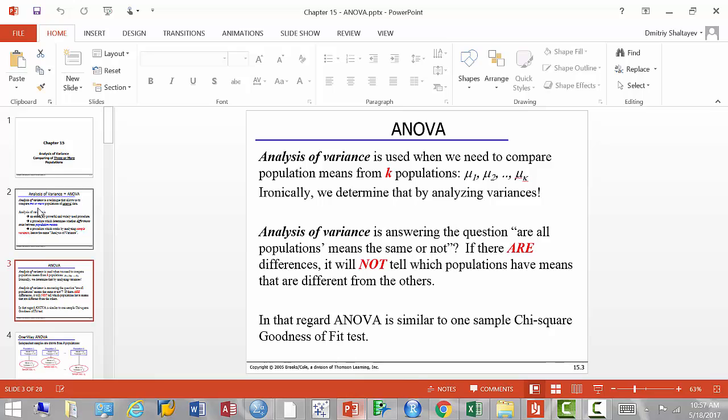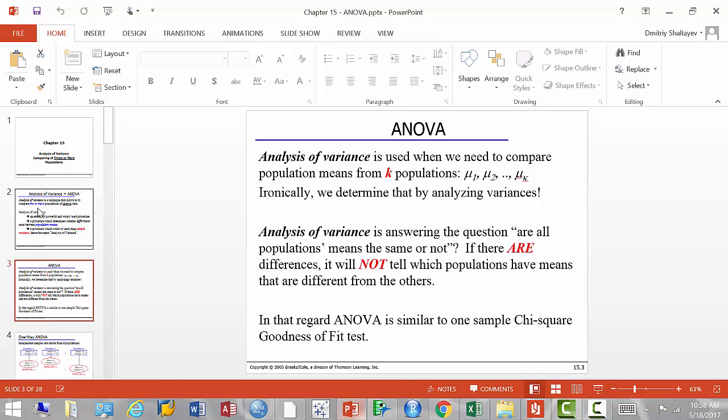ANOVA is actually very similar to the chi-square distribution. In what way? Remember when we used chi-square, Pearson's chi-square goodness of fit test? What did I tell you about it? That it is like a smoke detector in the house, right? If a smoke detector is going off, does it tell you where the fire is? No, it doesn't. Maybe there is no fire, but it still goes off.